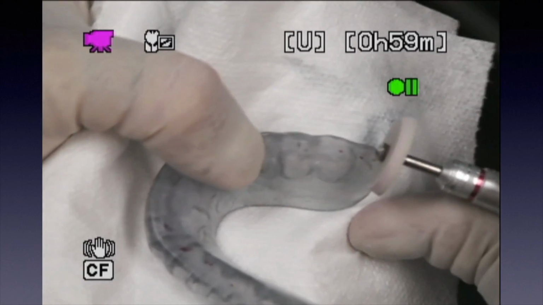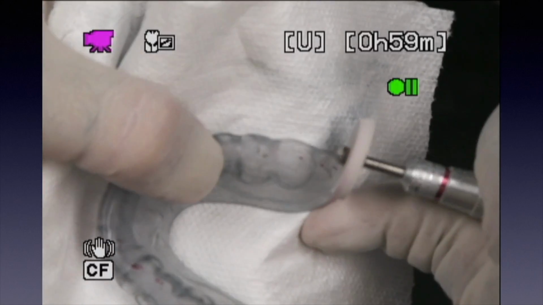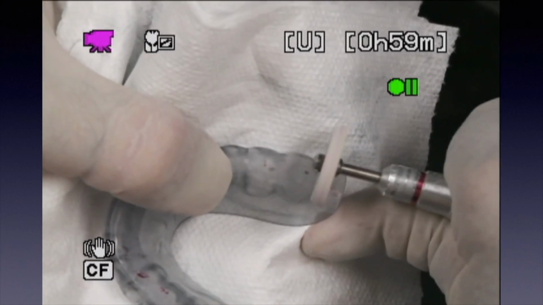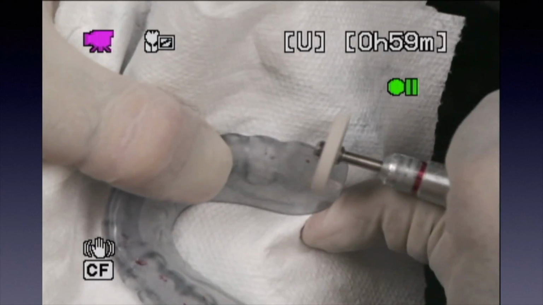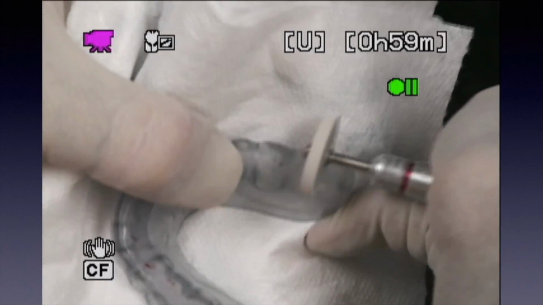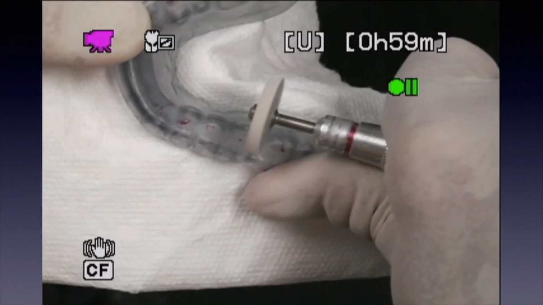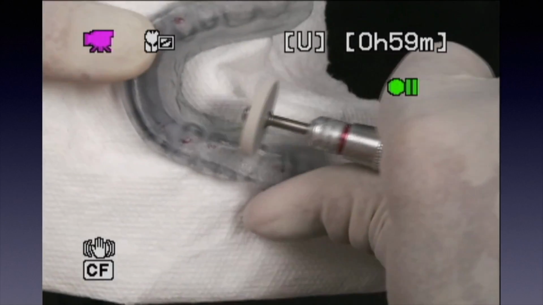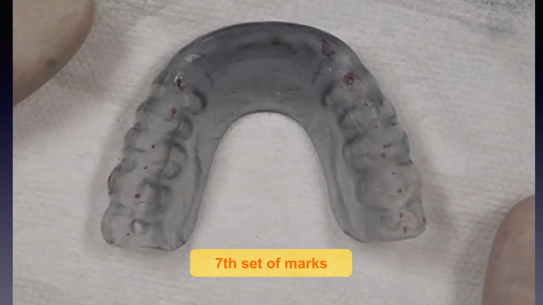After the sixth set of marks are adjusted, he then smooths the surface with a rubber wheel very gently, very lightly, to remove the roughness from the carbide burr adjustments. Now this is the seventh set of marks, and is the point at which he will stop. Now think about what has occurred here.